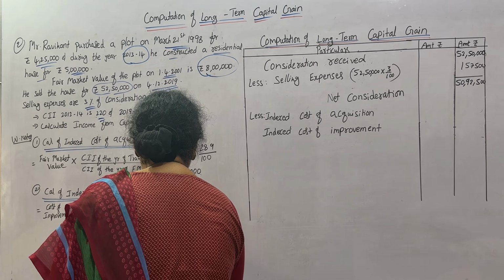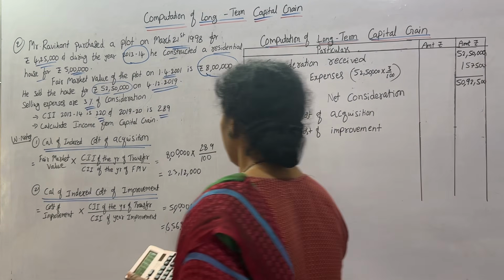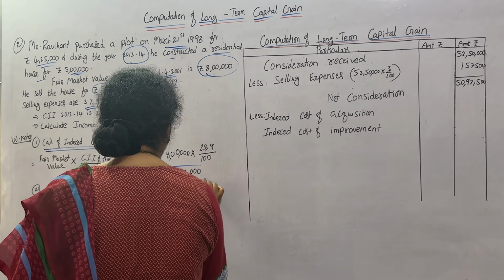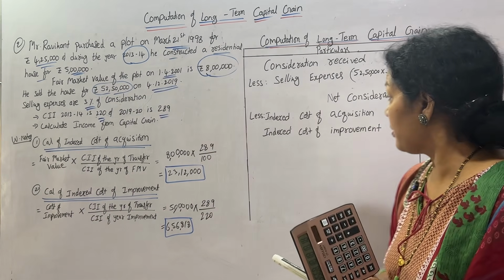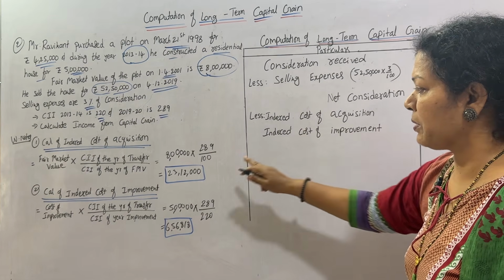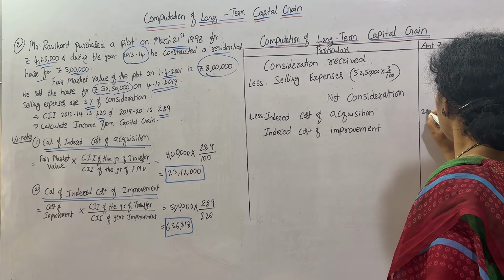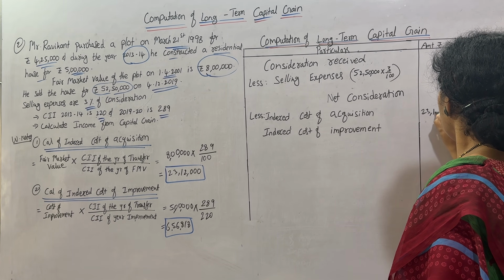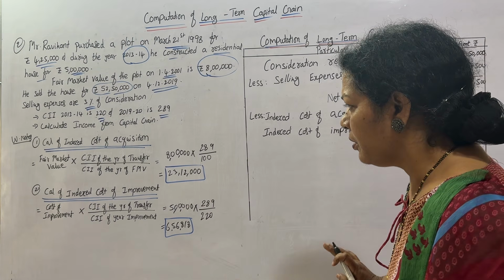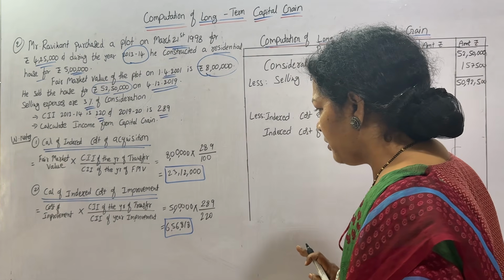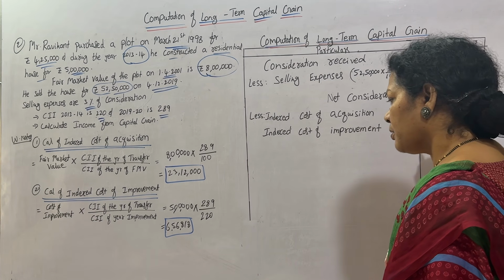If you get both the values, the problem is very simple. Apply them: the indexed cost of acquisition we got is 23 lakh 12,000, and the indexed cost of improvement is 6,56,818.